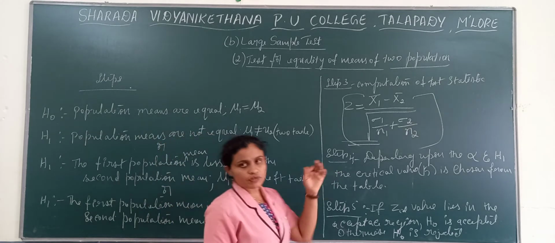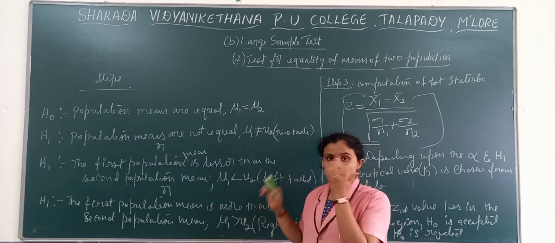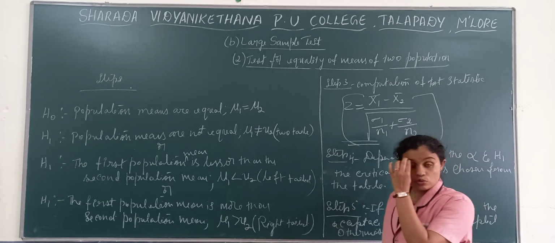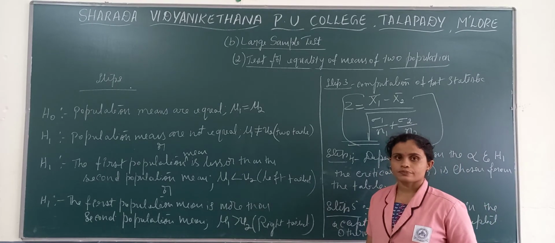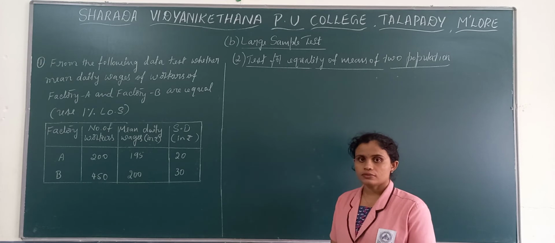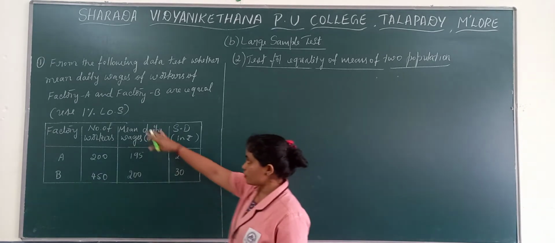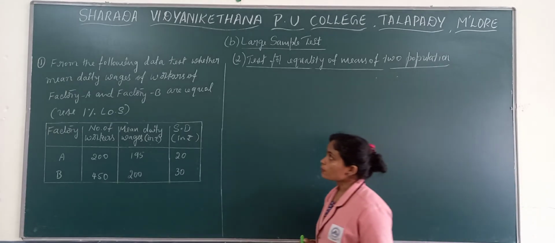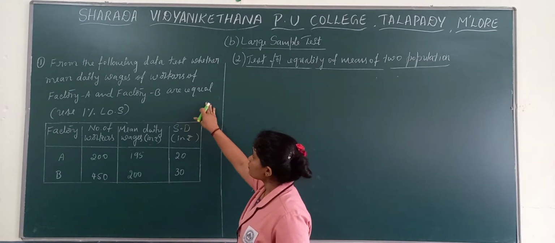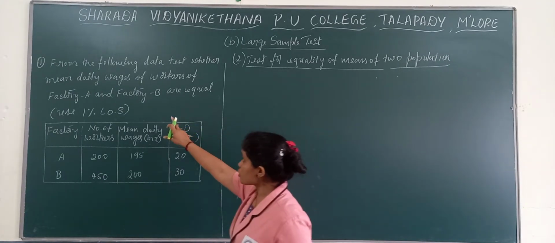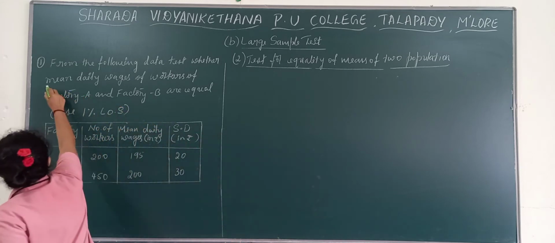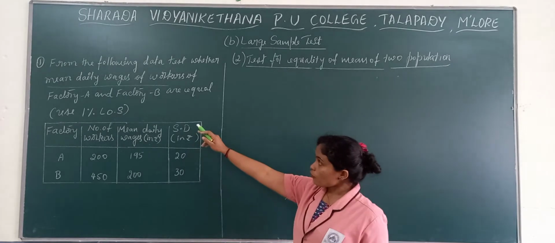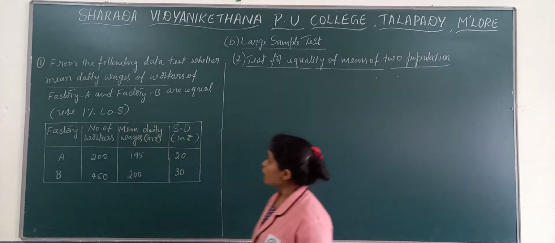Now we will see some of the problems under test for equality of means of two populations. Now we will see the first problem under the second application. Read the problem. From the following data, test whether the mean daily wages of workers of factory A and B are equal.